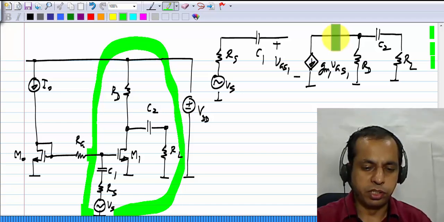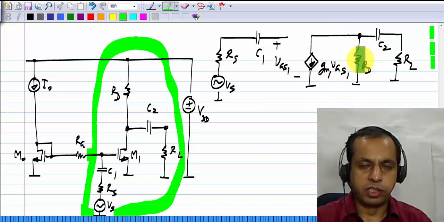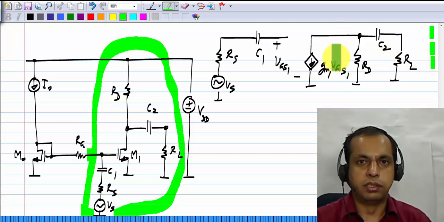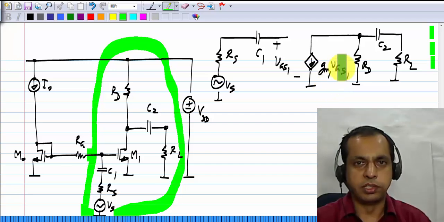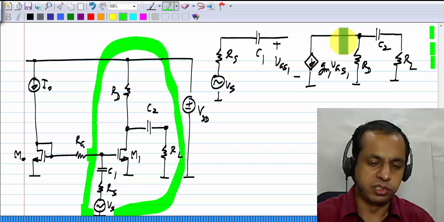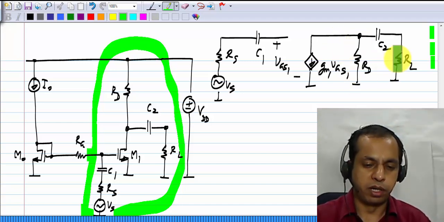But we know that it appears between drain and ground, so eventually it will appear in parallel with RD and RL. If you do want to analyze it with the output conductance of the MOS transistor, it's not at all difficult. So I'll keep it simple and omit it for now, but please realize that it will simply appear in parallel with these two. So wherever you had RD parallel RL, you would get RD parallel RL parallel RDS.